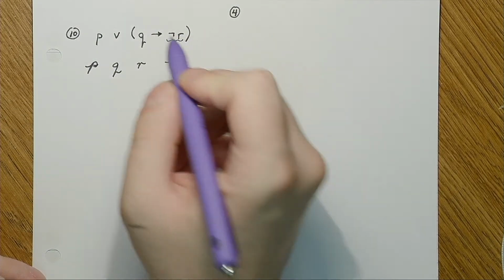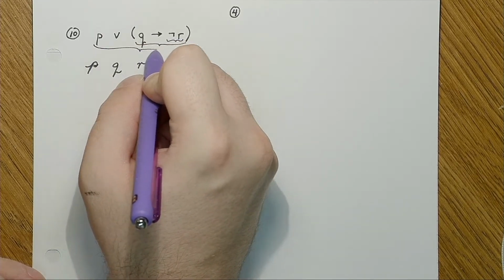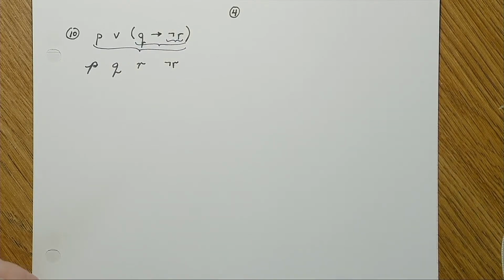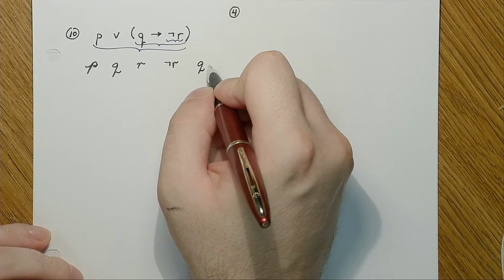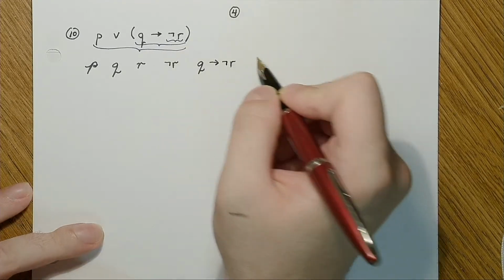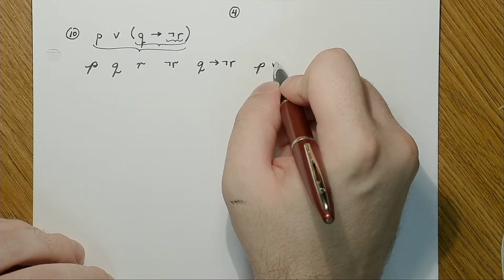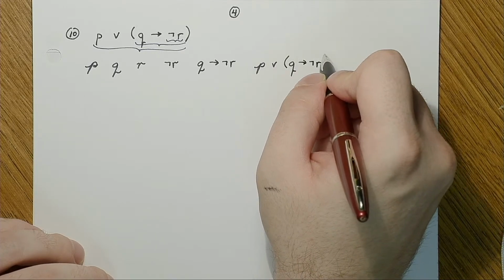I got this one right here. Then I'll do this here. And then I'll finally do this final one right here. So I have Q implies not R. Then I will apply that to P or Q implies not R.